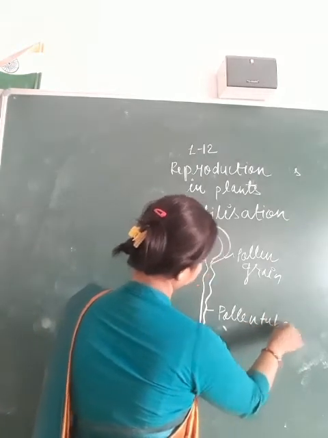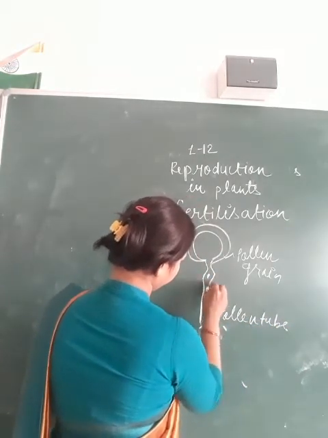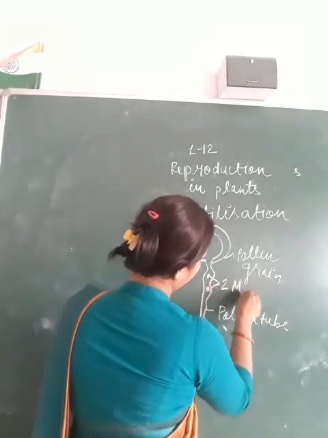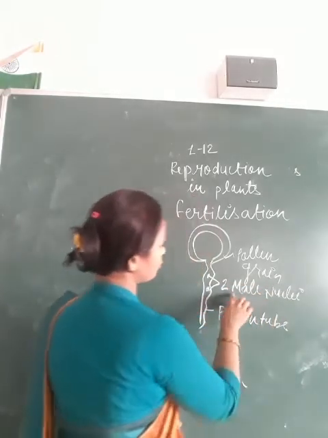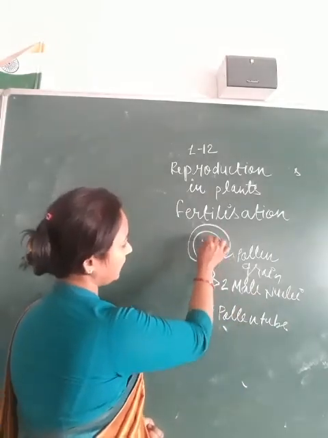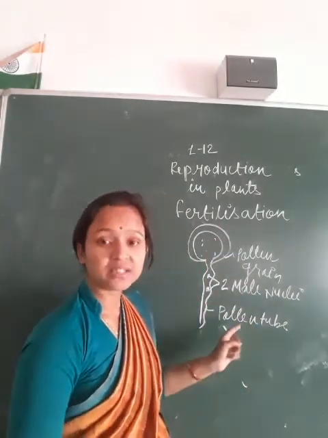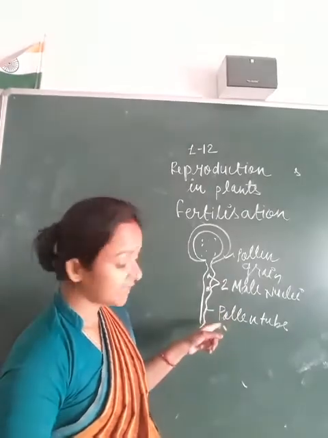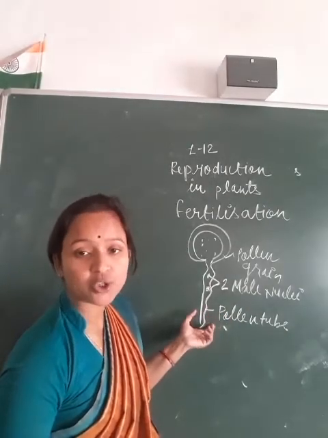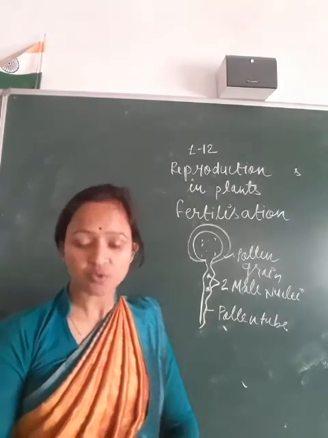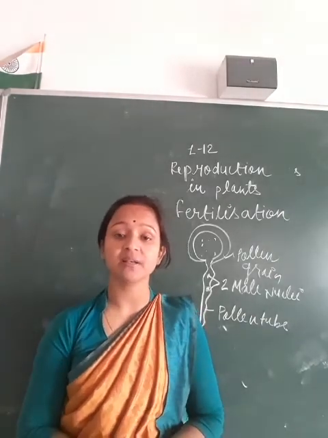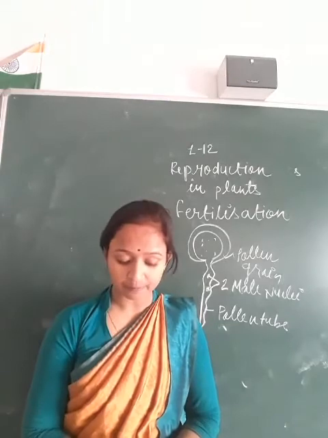This diagram shows pollen grains developing into a pollen tube carrying male gametes. And the process of fertilization in the old book is given on page number 135.